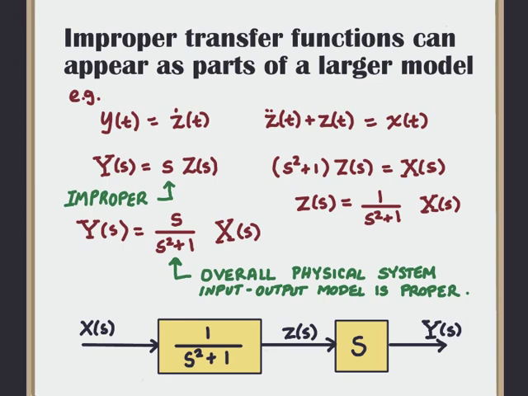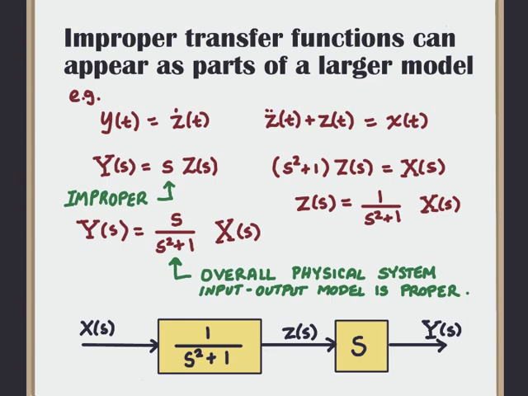The equations relating these are y is equal to z dot. That is an improper relationship. And z double dot plus z equals x. That would give the transfer function between x and z as 1 over s squared plus 1, which is strictly proper. The transfer function between x and y, then, would be s over s squared plus 1.